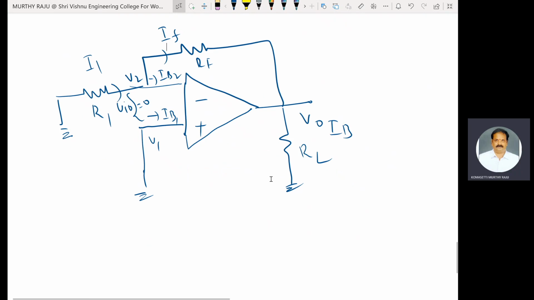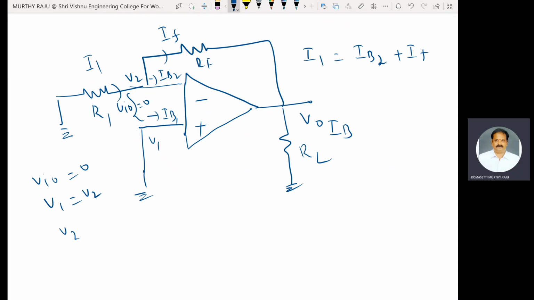From this expression, I1 is equal to IB2 plus IF. But here VIO is equal to 0, which means V1 is equal to V2. V1 is connected to ground. Therefore, V2 is equal to 0.